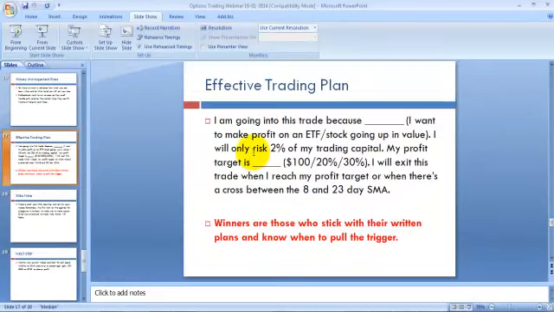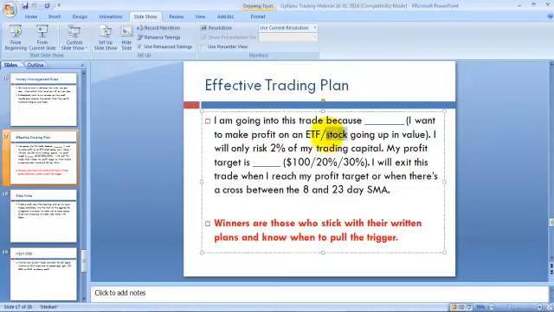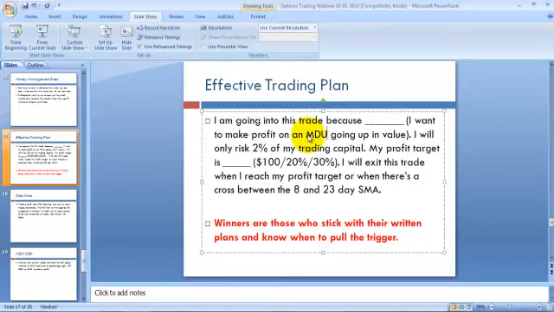Okay, Wesley. So let's say you are going to tailor your trading plan to a stock, MDU. You start with: I'm going into this trade because I want to make a profit on MDU going up in value. So you change the ETF or the stock. I will only risk 2% of my trading capital on MDU.